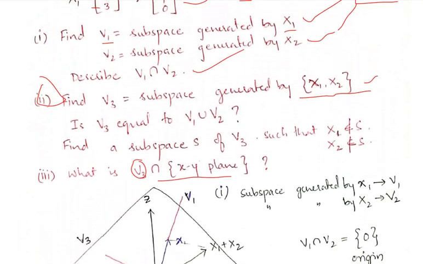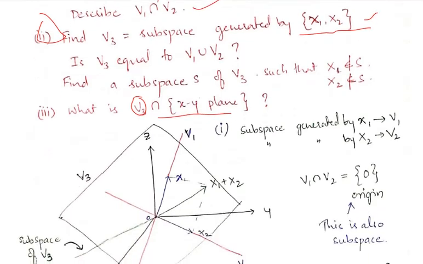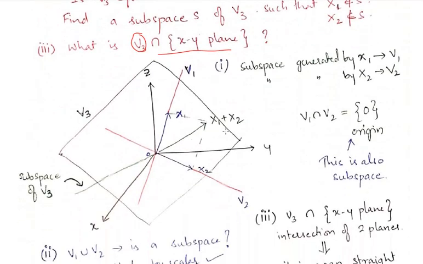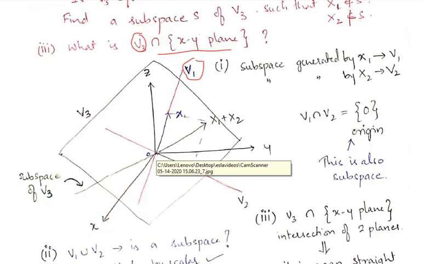Now he is asking to find v1, the subspace generated by x1. In the previous class I told you, if there is a vector, the line containing this vector will be a subspace. So that is v1. If any addition or multiplication is done, it should stay in it, and it should contain the origin.